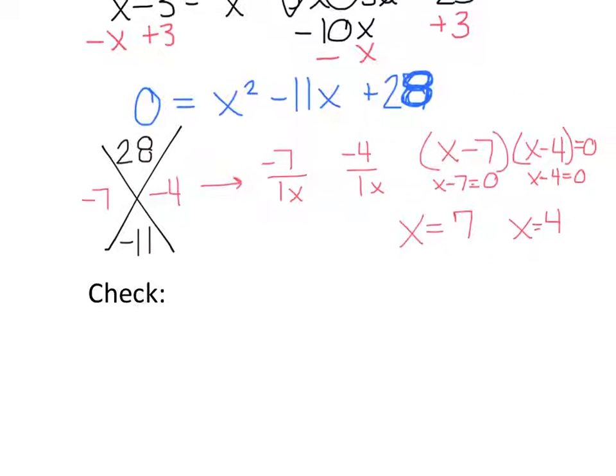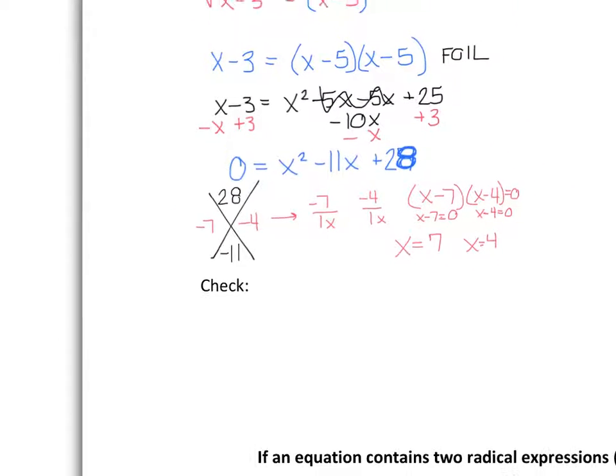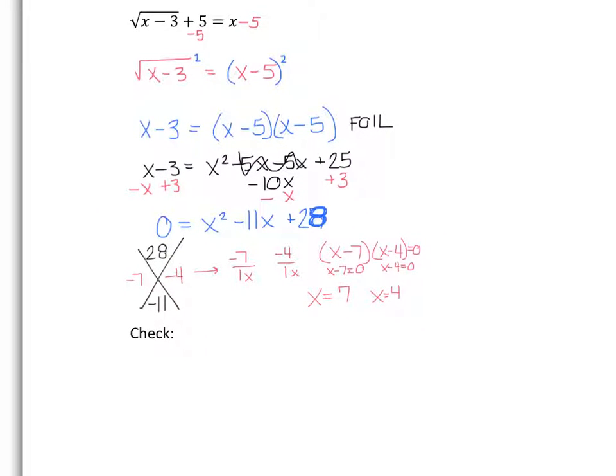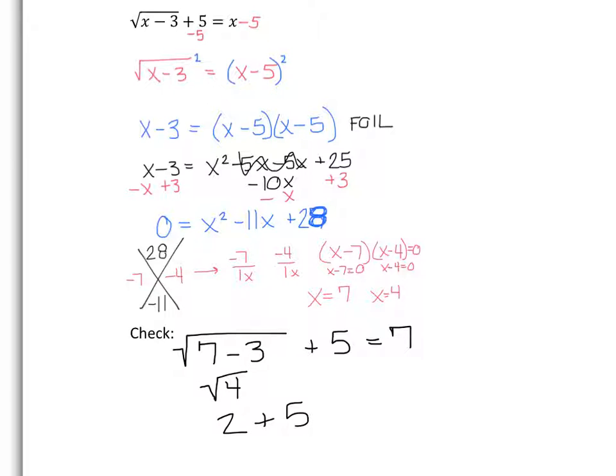All right, we got to check them though, because there's high probability that at least one of them is incorrect. So plug them into the original. So I'll have square root of 7 minus 3 plus 5 equals 7. Well, what's 7 minus 3? 4. What's the square root of 4? 2, plus 5 does in fact equal 7.